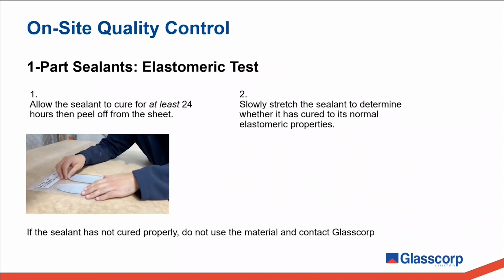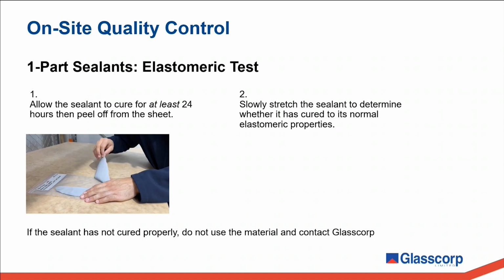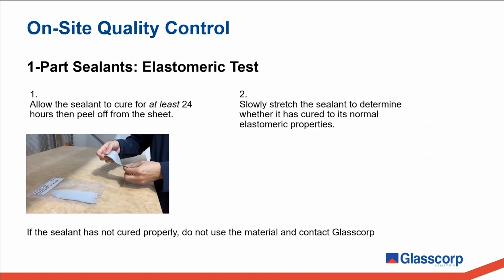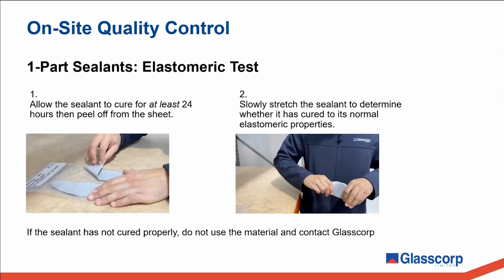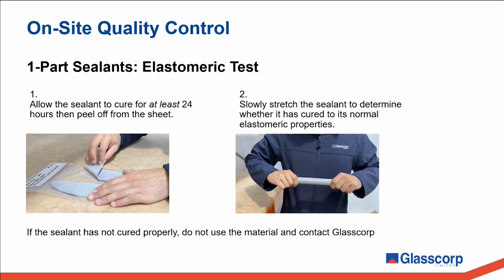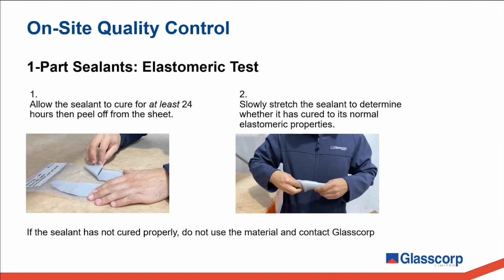Another simple test, which follows directly on from the skin over time test, is the elastomeric test. This is done to check that the sealant is demonstrating typical elastomeric properties. Allow the sealant to cure for at least 24 hours or longer if required. Remove the sealant from the sheet and slowly stretch it to determine whether it is cured to its normal elastomeric properties.